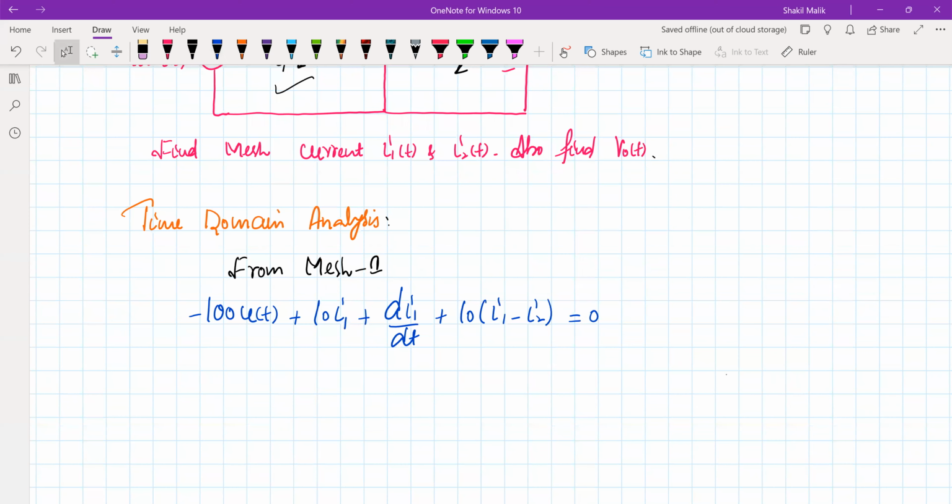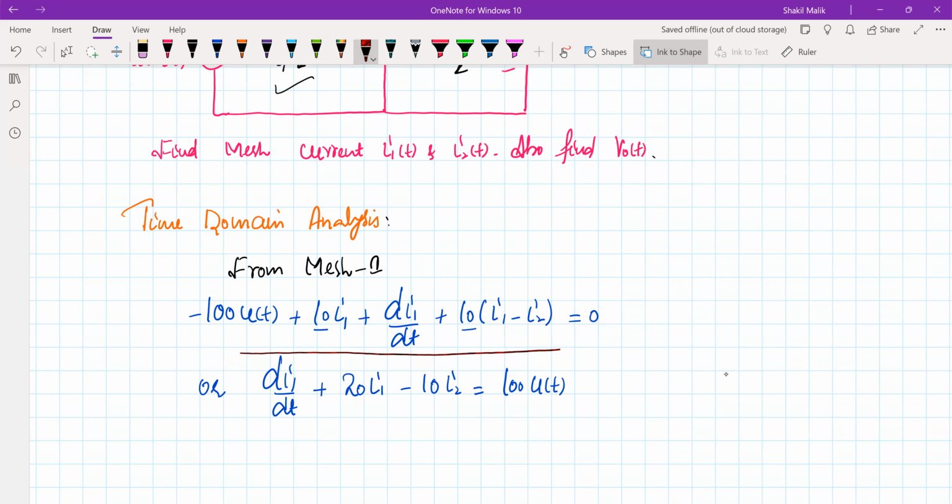Arranging the terms, we write di1 by dt plus 20 I1 minus 10 I2 equals 100 u of t. This is the first equation that we got from mesh 1. Let's name it equation 1.